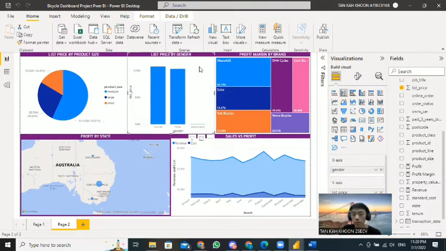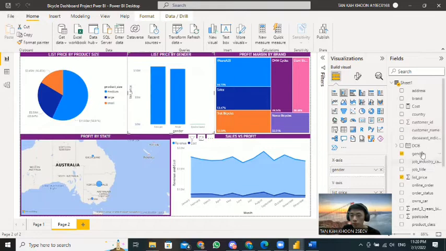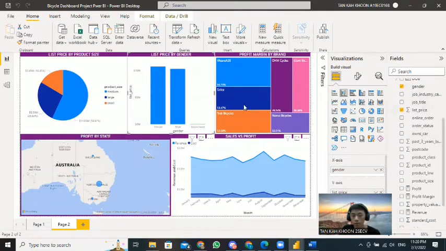Second is the list price by gender, which uses gender and list price as the domain. We can see that female has a larger value than male. There is also an undeclared column here for gender because some people didn't mention their gender.